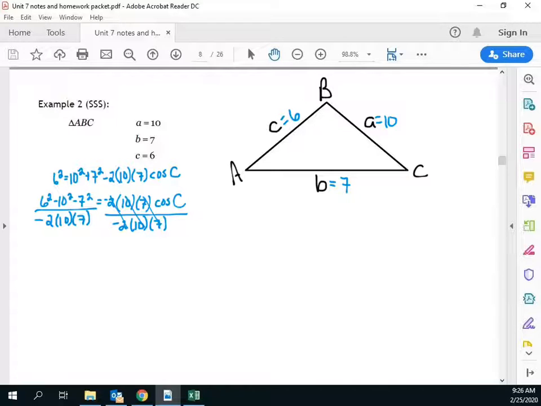When you do those 2 steps, guys, what do you notice is left on the right side of the equation? The only thing that's left is cosine of C. How do you find an angle? Inverse. Good. You notice this whole time, guys, I've not put anything in my calculator yet.